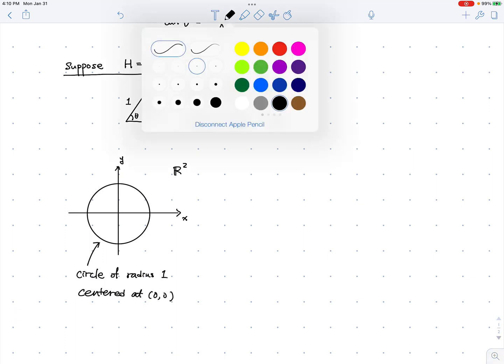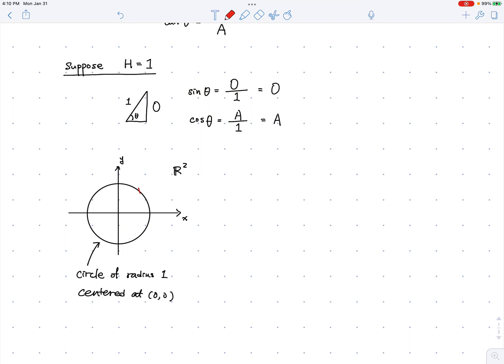All right, so now if I put any point on the circle, then by the definition, I know that this distance from the point to the origin is equal to 1.